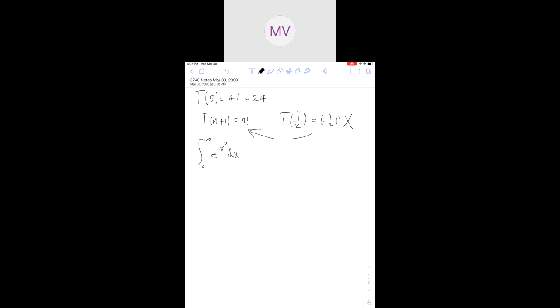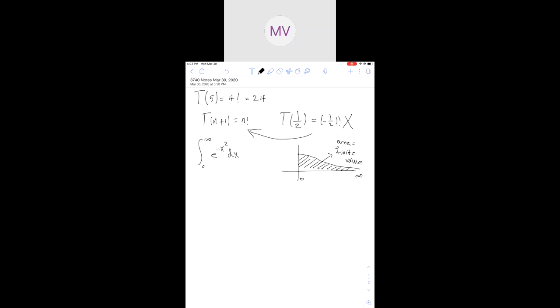In fact, e to the negative x squared at 0 is 1, and then at infinity is 0, so it goes like this. And that integral is simply the area of the region underneath the graph above the x-axis from 0 to infinity. And that's a finite number, like that area. Of course, it's a finite value.